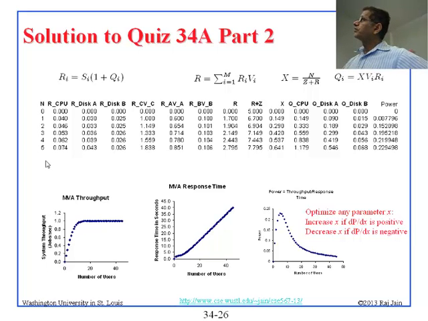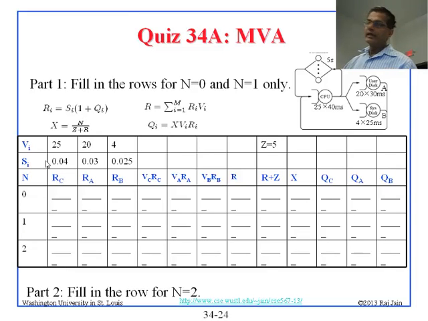Now, when you do N equal to 1, to calculate this thing, R CPU, you need this formula, S times 1 plus Q. Q is 0 here. So 1 plus Q is 1. And S is basically already written down right on the top. I wrote it down in the previous slide. S is 0.04. So here you will put 0.04.